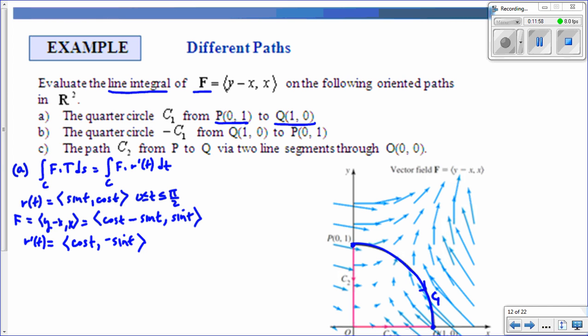Okay, so now evaluating the integral, we have f dot r prime of t. Now notice it's not the magnitude of r prime. When you're dealing with vector fields, you're using the vector r prime and doing a dot product. So you're not putting the magnitude except in the scalar valued line integrals. So this integral becomes the f, which is cosine of t minus sine of t, comma, sine of t, dotted with r prime.